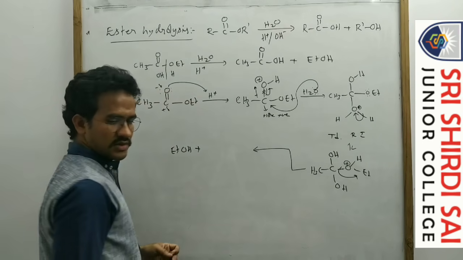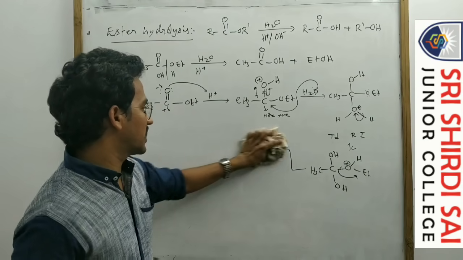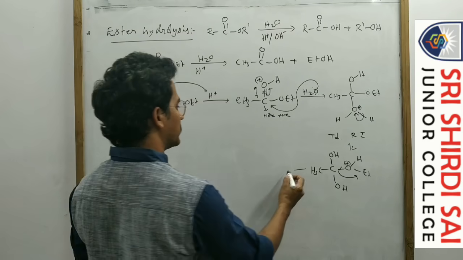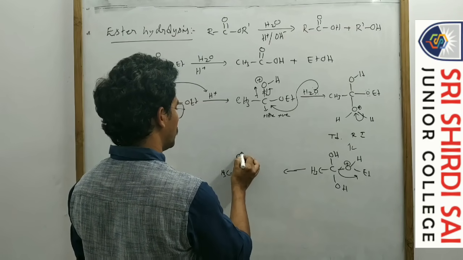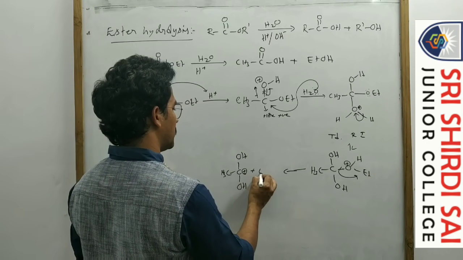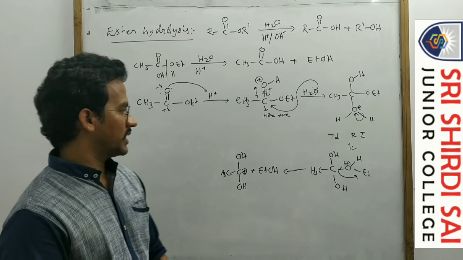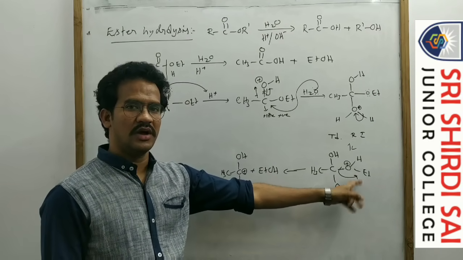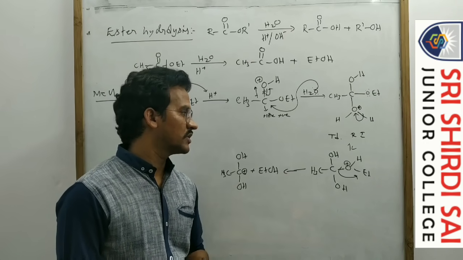We'll write one more step for understanding clearly: OH here, OH, this one carries a plus, and EtOH plus. EtOH is a leaving group. After leaving out, it becomes neutral, so that is a good leaving group.